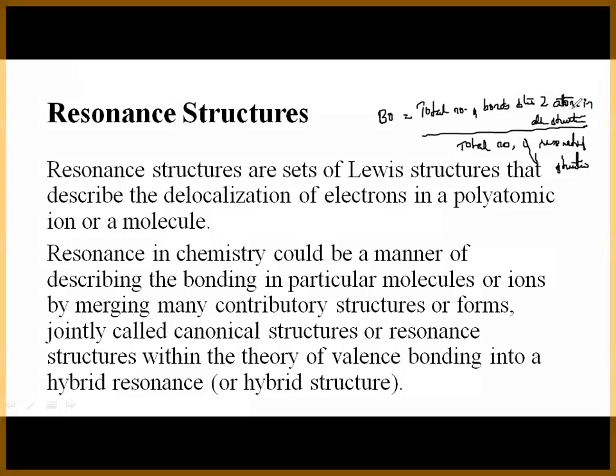So between two atoms in all structures, you see the total number of bonds present, and divided by the total number of resonating structures will give you the bond order. When I take the examples, I'll show you.